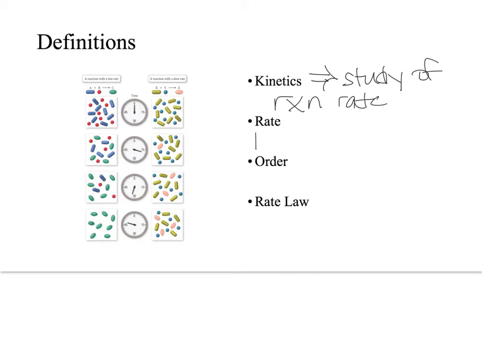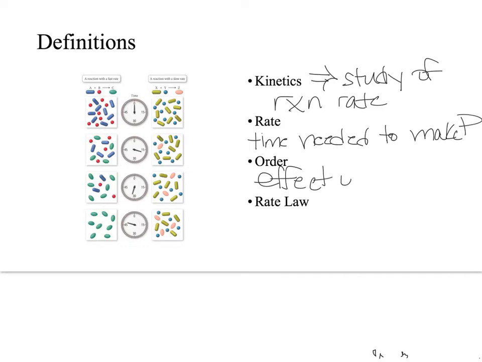Rate is the time needed to make a product, P. Order is defined as the effect of reactant concentration on rate.